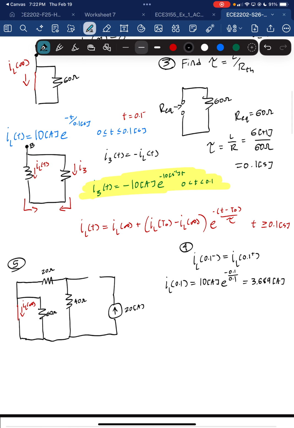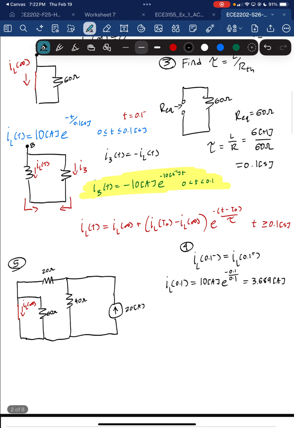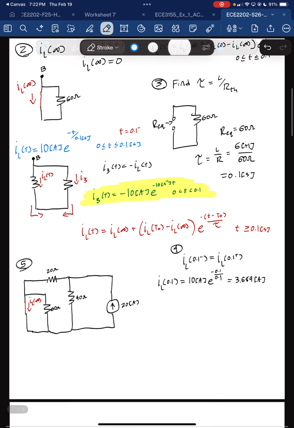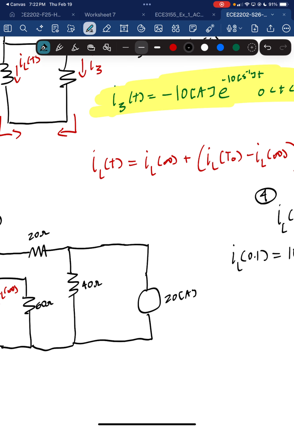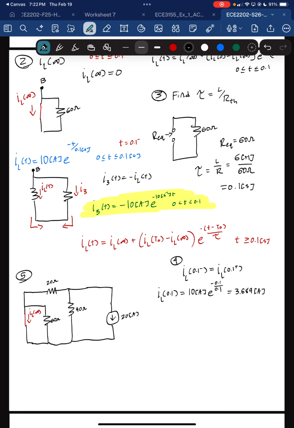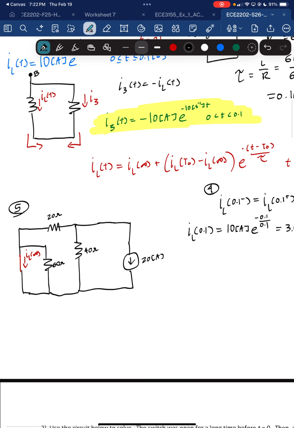Okay. And the 20 also goes down with the amps. Oh yeah, thank you so much. Because now that's going to become very relevant in solving for IL infinity.